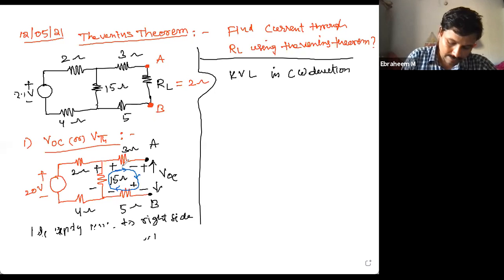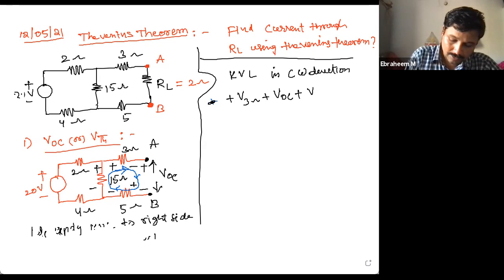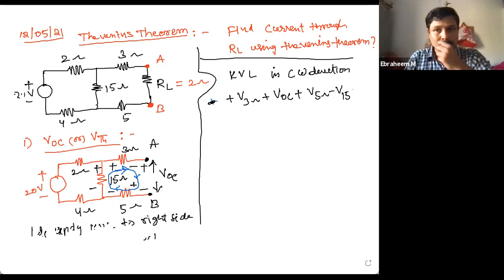So if I apply KVL in this clockwise direction, what happens here? I will start from 3 ohms, right? So plus V3 ohms plus VOC plus V5 ohms minus V15 ohms is equal to 0.